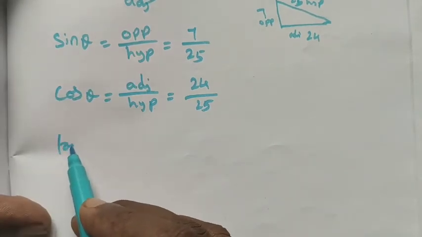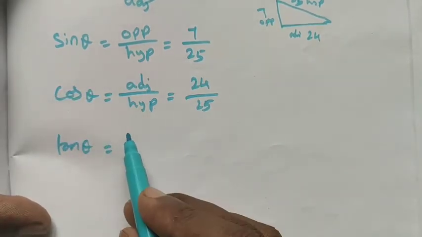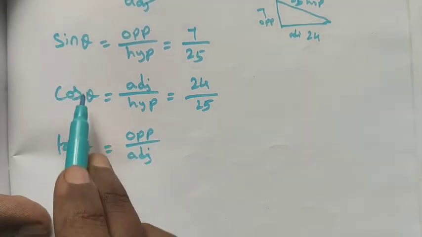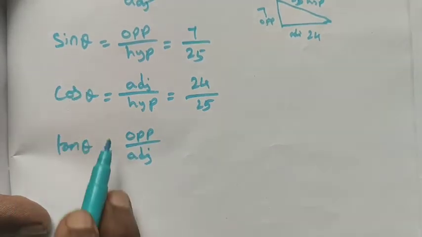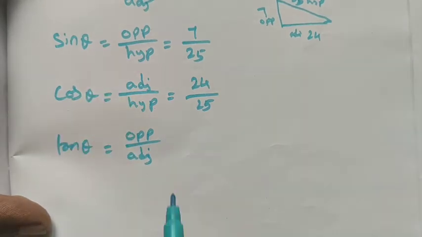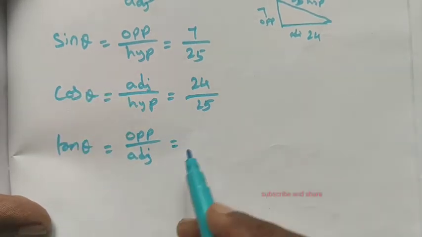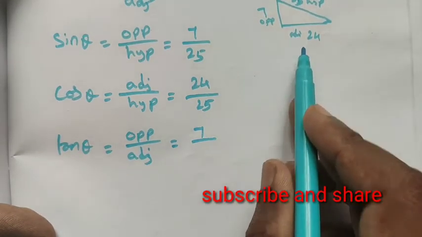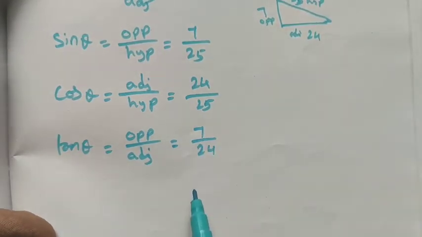Then tan theta is equal to opposite side divided by adjacent side. By the memory concept, we can easily write that, right? Now, the opposite side is 7, the adjacent side is 24.